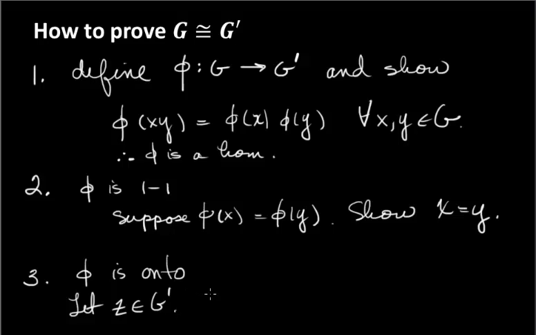And then using your mapping and what you know about G and G prime, find x in G such that phi of x is z. Then you've shown that every element of G prime has a pre-image under phi.